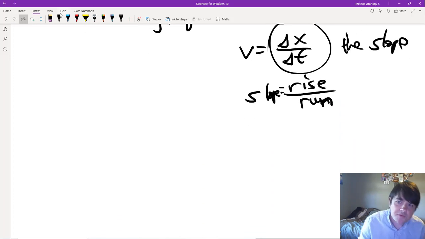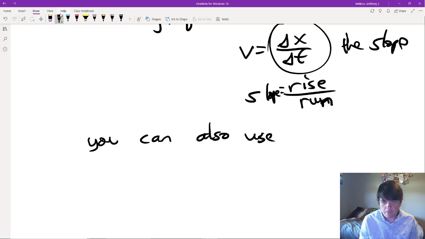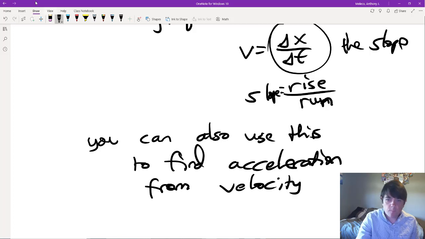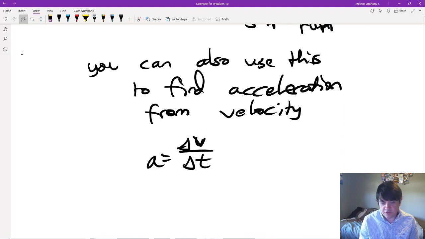You can also use this relationship to find acceleration from velocity, because acceleration is the change in velocity over the change in time.